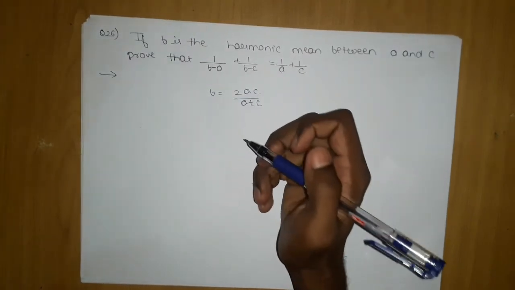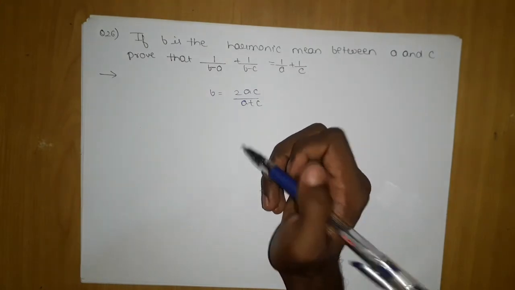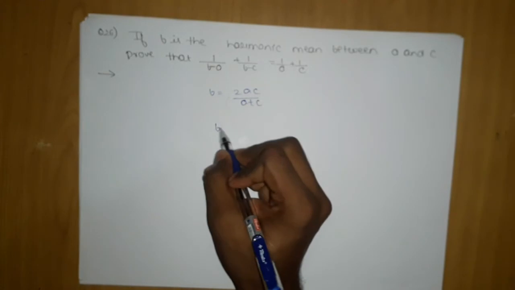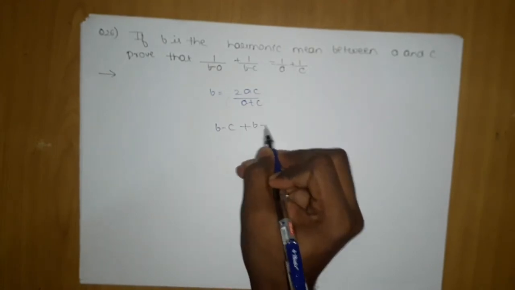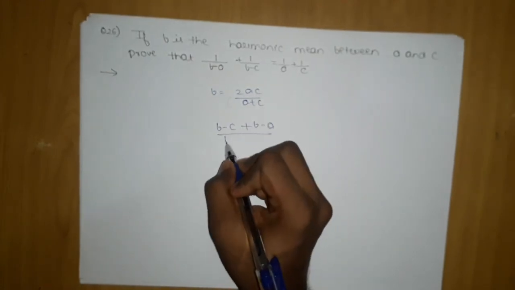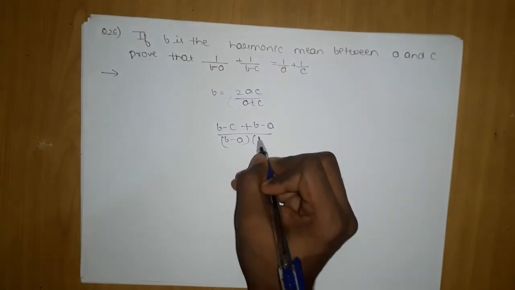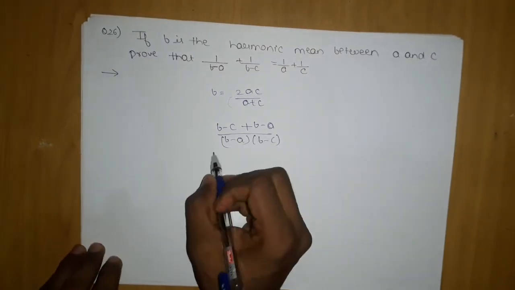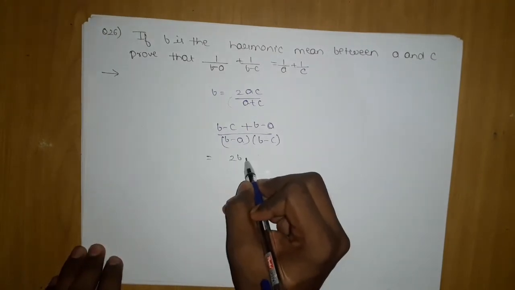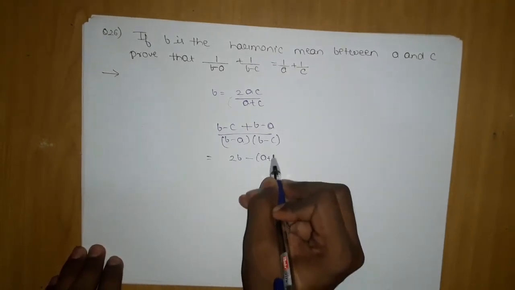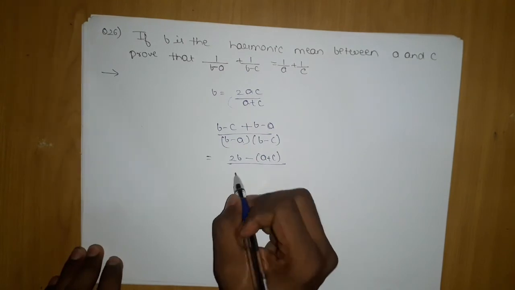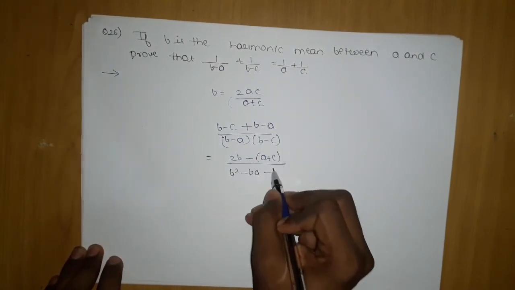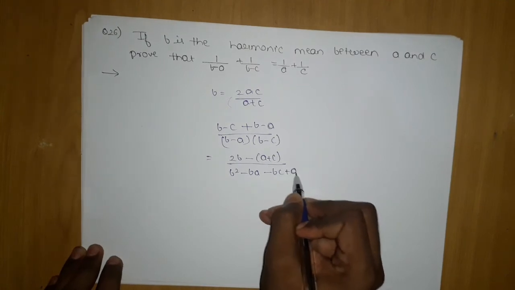Now what we can do is cross multiply this, which will give me (b minus c plus b minus a) upon (b minus a) into (b minus c). So we have 2b minus (a plus c) upon b square minus ab minus bc plus ac.